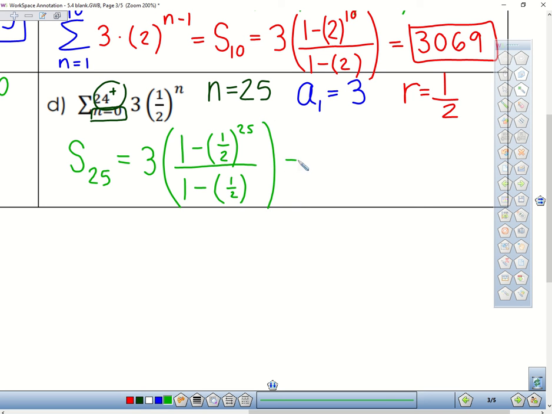If I compute that in the calculator, your answer is going to come out to be approximately. So in math, if you're going to calculate something and you have to round it, use this symbol right here, these wavy, almost like the Aquarius symbol, if you know what that is, wavy equal sign, and it's approximately 6. So if you do that calculation, you get approximately 6. So any questions about D?